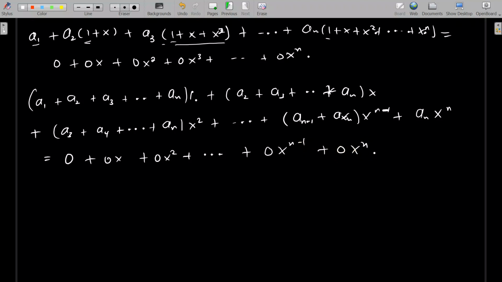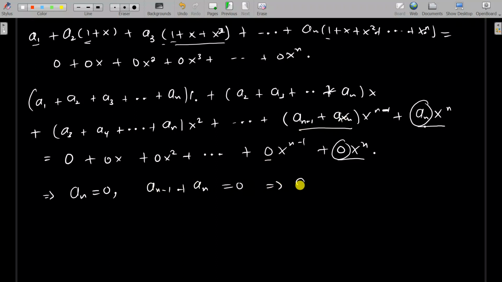Okay, so if you look at it very carefully, the coefficient of x to the power n should be the same as the coefficient here. So from this comparison, a sub n here should be equal to this 0 because the coefficient should be the same. So a sub n should be equal to 0. And then from the other part, these two sums should give me 0. So a sub n minus 1 plus a sub n should be equal to 0.